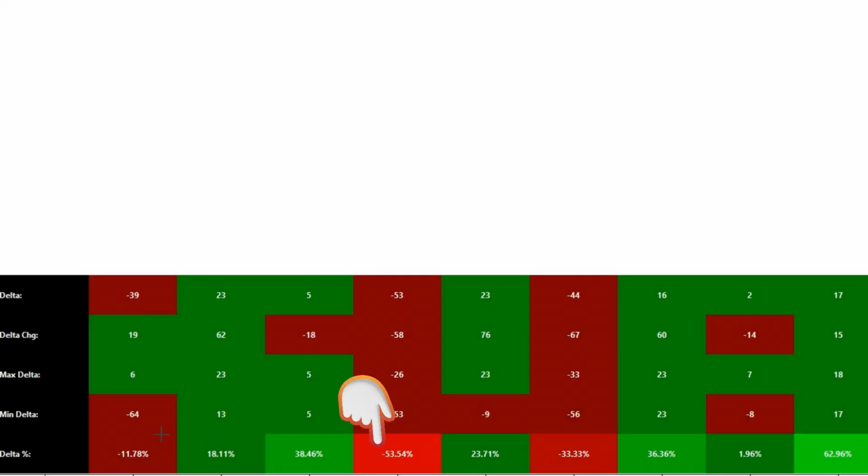You don't really need a calculator to do the delta percentage manually, because imagine you are in the middle of very busy trades and you are pulling up a calculator to try and do the delta percentage. Guys, that's ridiculous. It doesn't work. The opportunity will be missed. The program does this for you as soon as the candle closes. So we know that here sellers are in control, so on and so forth.